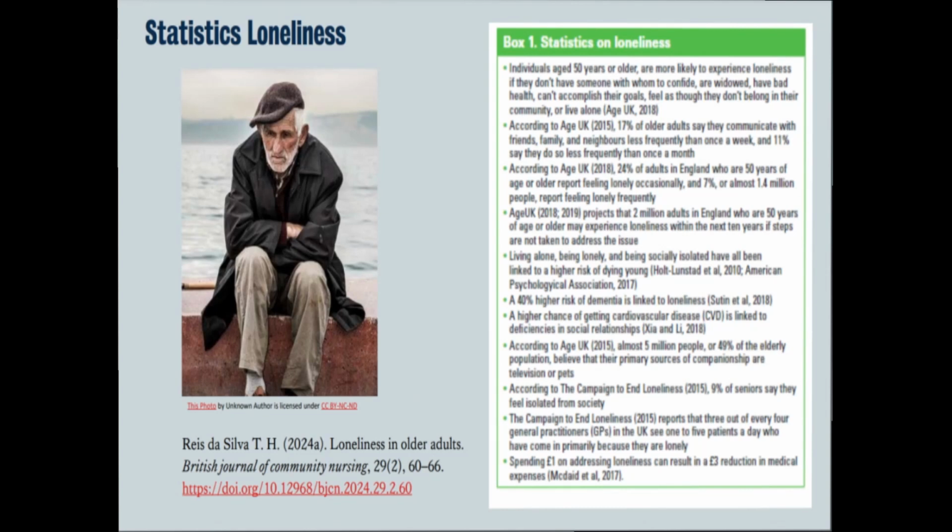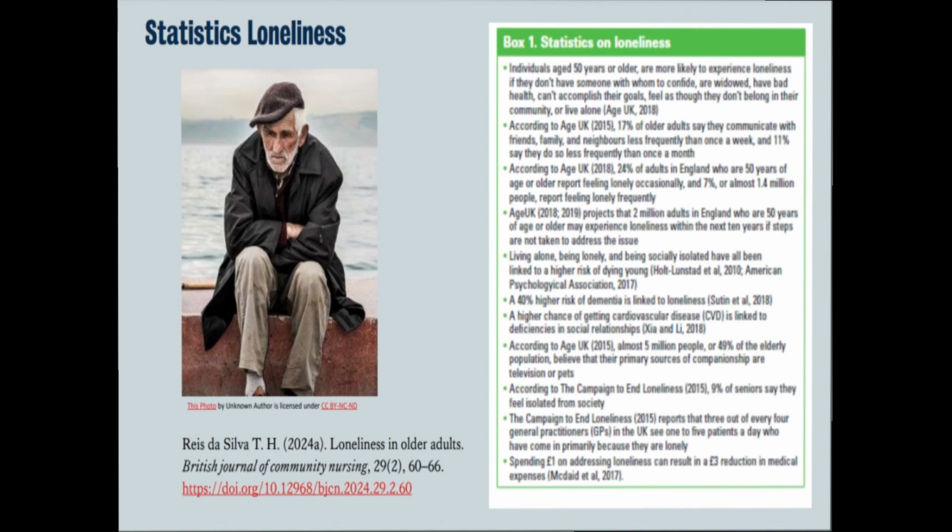It is very small, but in the handouts you can open this box and see some statistics in the UK and worldwide, that normally individuals over 50 years old are more likely to have loneliness, especially if they are widows, especially if they have health issues, and if they feel they do not belong to a community.